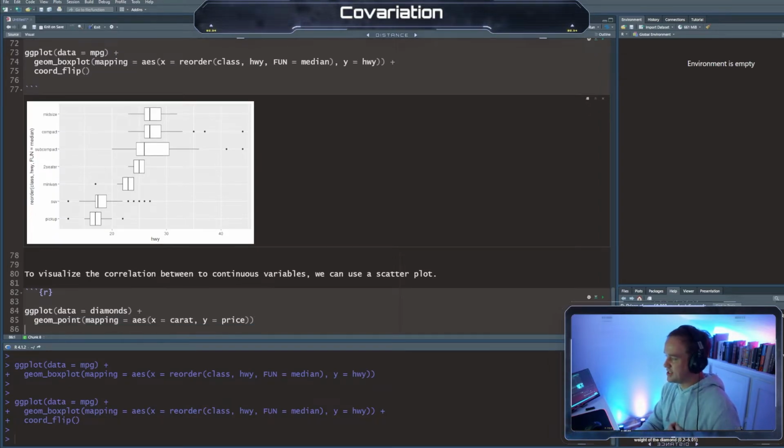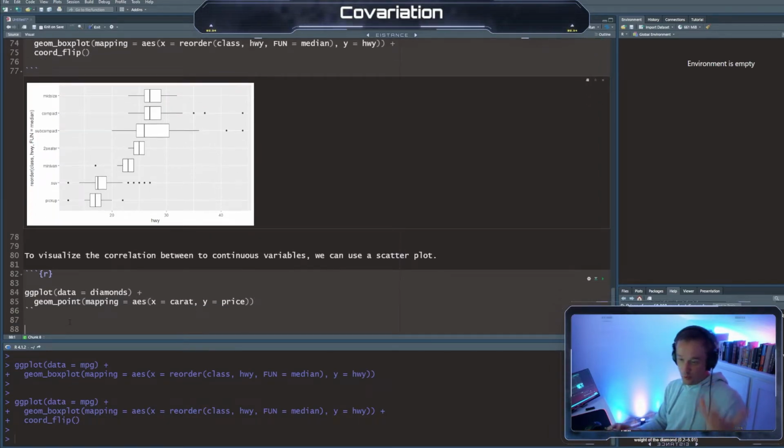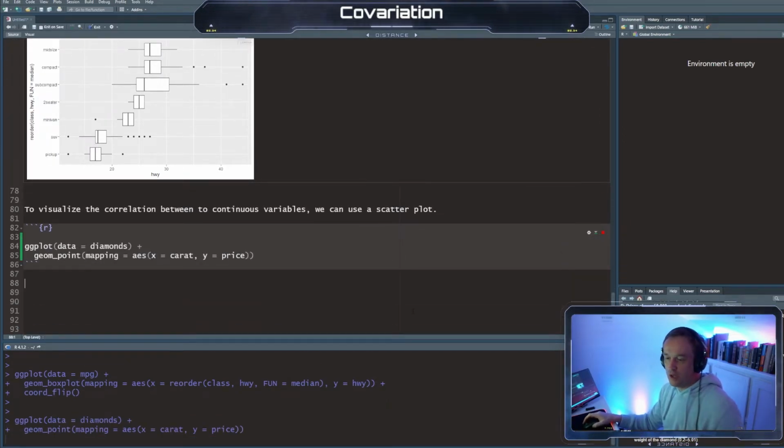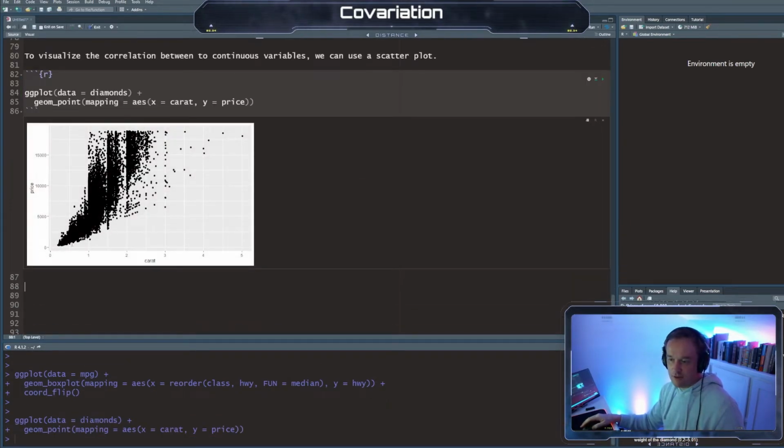So the carat, or the weight of the diamond, can be any number from 0 to infinity. You could have the world's biggest diamond, I guess, or a moon-sized diamond. And the price can be 0 to infinity. And so if we do this graph, you can see that there's a direct correlation, right? And so the bigger the carat, the higher the price.